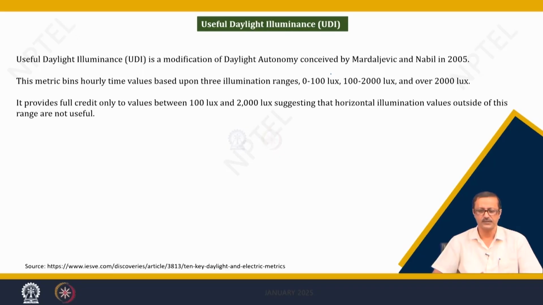This concept was first established in 2005, and it was brought into a lot of codes, the green building codes, from the daylight point of view. In fact, the ECBC also took this UDI concept into the ECBC code for daylight, and this is again a matrix bin, just like we have discussed.